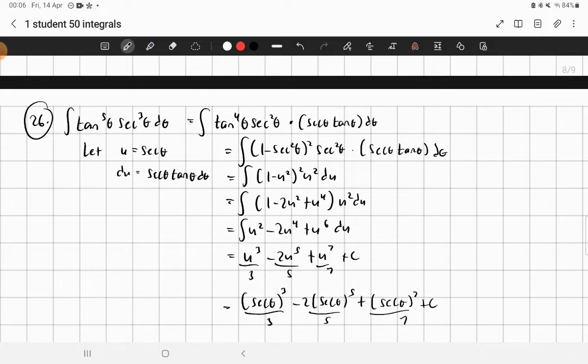How did they get this, or did they combine? I believe they combined everything. For some reason they want to combine, but yeah, so it should be correct.